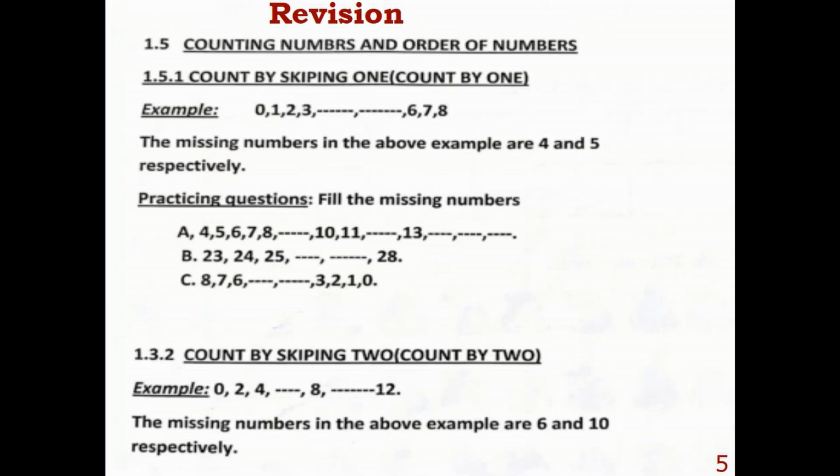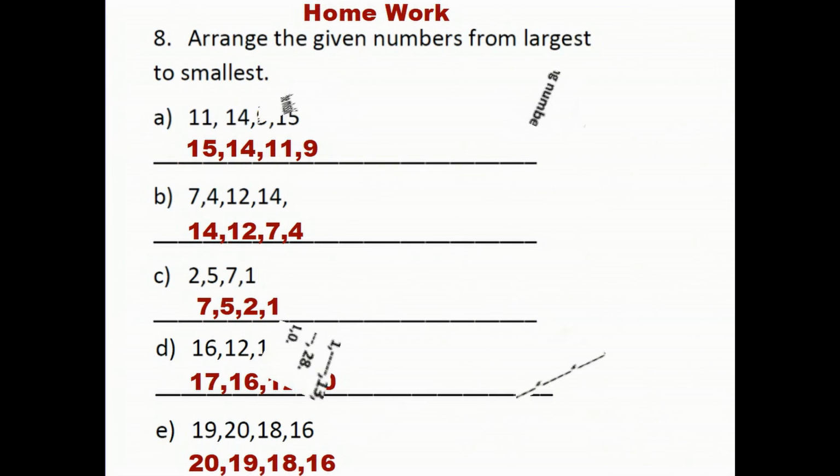And also I have given you one homework. This was your homework. You arrange the given numbers from the largest to smallest, in descending or decreasing order. So, what comes first from the given numbers, which is 15, right? 15 comes first.